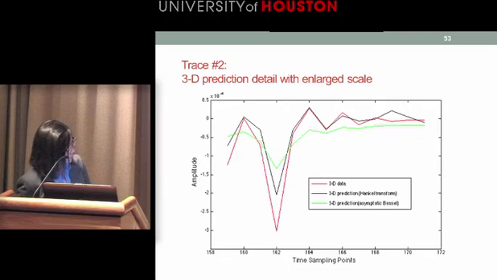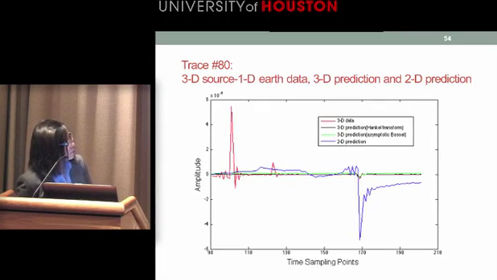Okay, so next I pick one far offset trace, number 80, and show the same thing. The red line is the 3D data, the 3D prediction transformed back by the Hankel transform is the black line, and the green line is the one transformed using an asymptotic Bessel function.